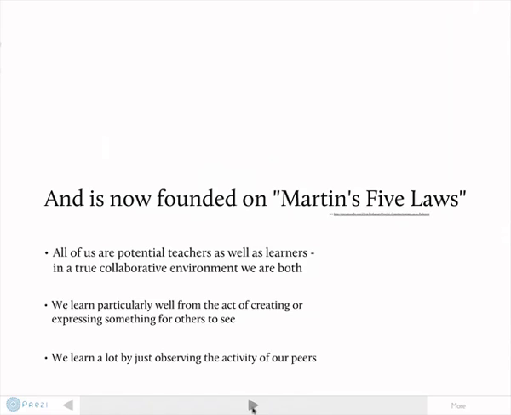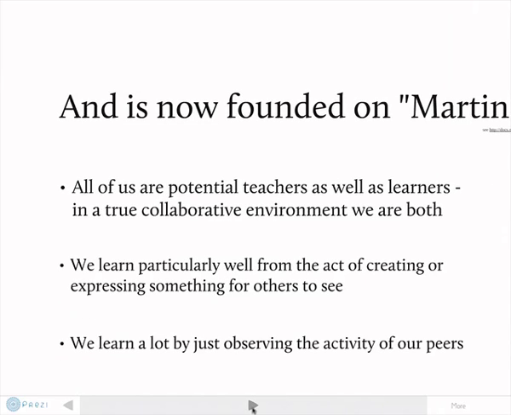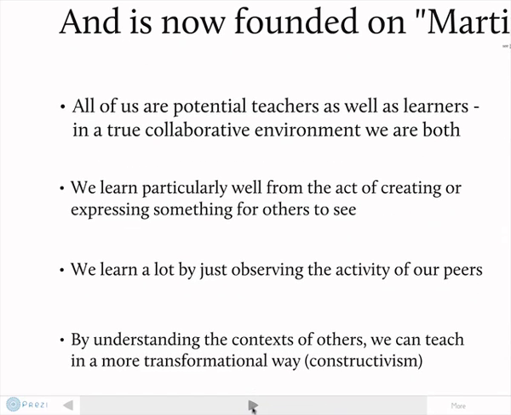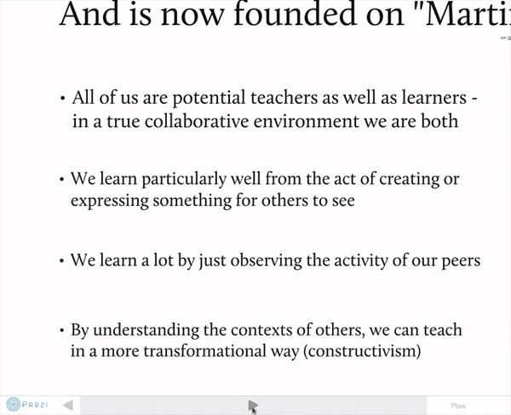Moodle is now founded on Martin's 5 laws. You can find out more about these at moodle.org, but in short, all of us are potential teachers as well as learners. In a true collaborative environment, we're both. We learn particularly well from the act of creating or expressing something for others to see. We learn a lot by just observing the activity of our peers.